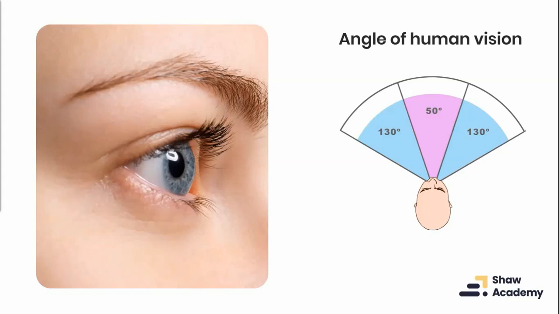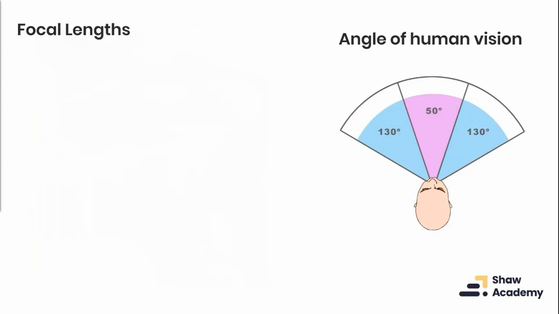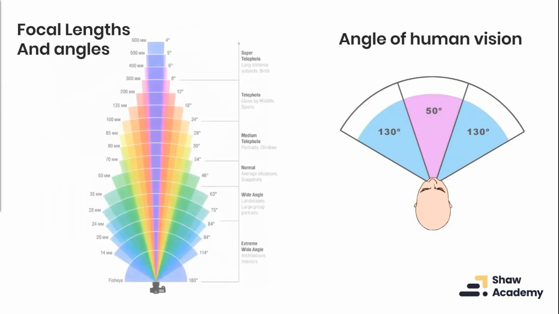Now, this is really important to understand when it comes to using different types of lenses and different types of focal lengths, because these lenses all have different angles of vision. And basically, when we're changing these lenses, we need to be aware of this, because some lenses are going to be much, much wider than our focused field of vision, and some lenses are going to be much, much narrower.